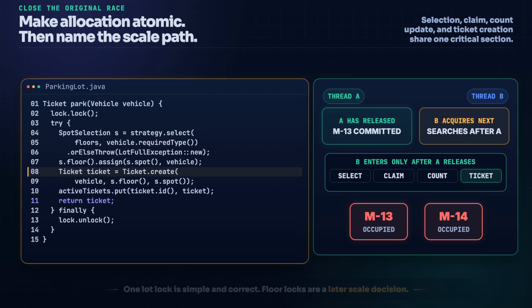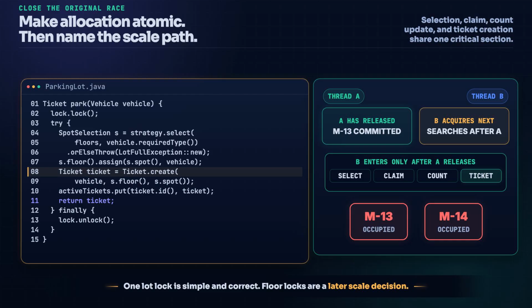A single lot-wide lock is simple and correct for the first version. It also serializes every floor. At much higher traffic, we can split locks by floor, but then the strategy must recheck the candidate after acquiring that floor's lock. Start with correctness. Name the scale path separately.